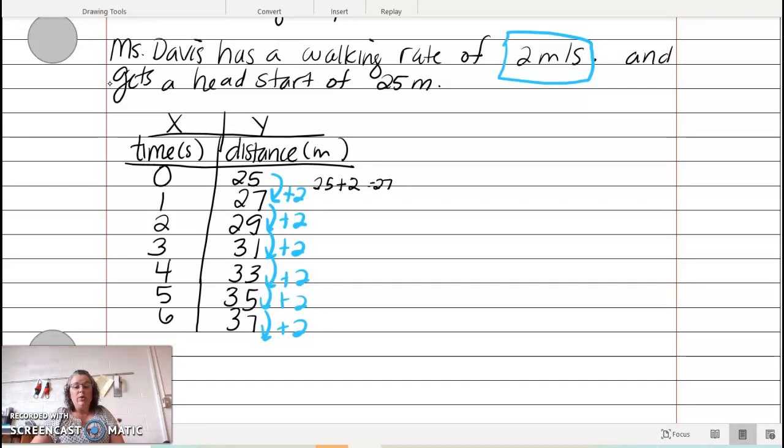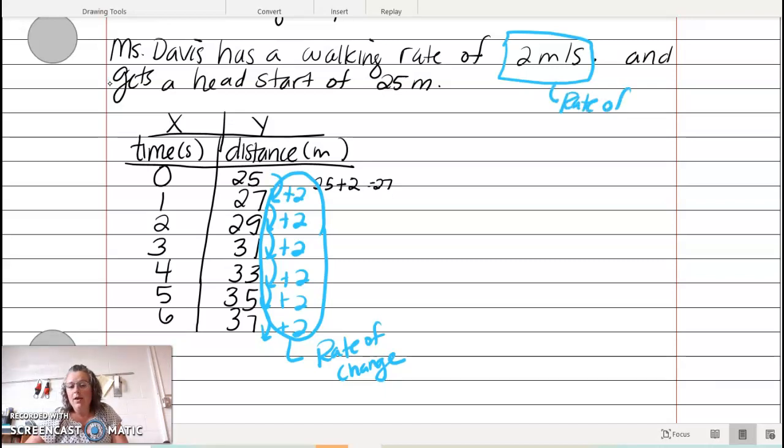This number 2 happens to be a special number in math that we like to call a constant rate of change, or just a rate of change. Which, that's nice, because I actually gave that to you as well. And we can see that if I wanted 7 seconds, I would just have to add 2 more.